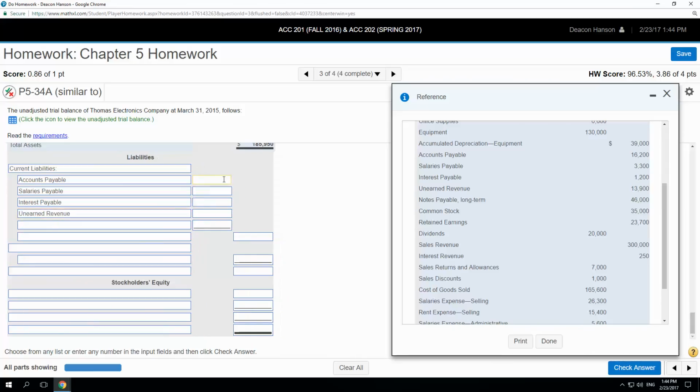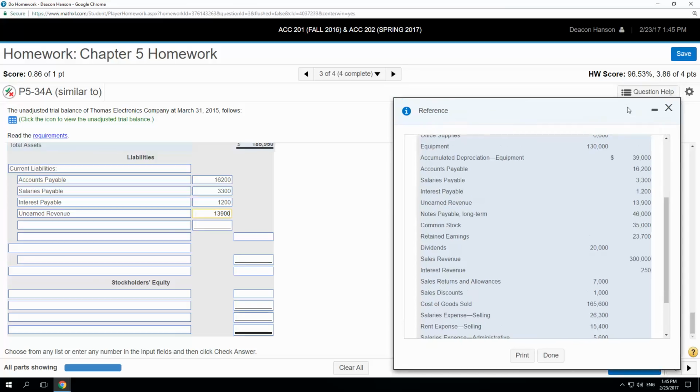Okay, and then we drop those numbers in. So I got 16,200 for accounts payable, 3,300 for salaries payable, interest payable is 1,200, and unearned revenue is 13,900. Okay, you're pretty good if you could add those up in your head that way.